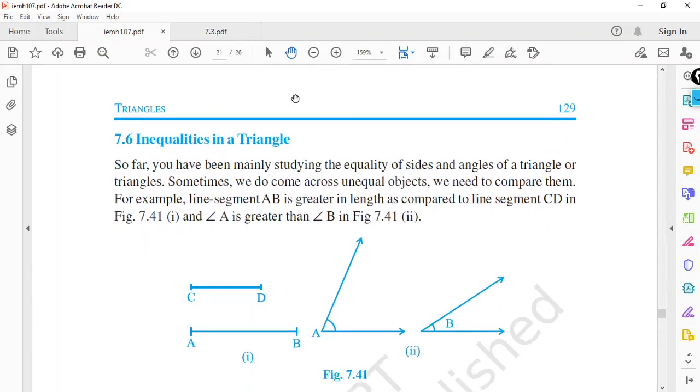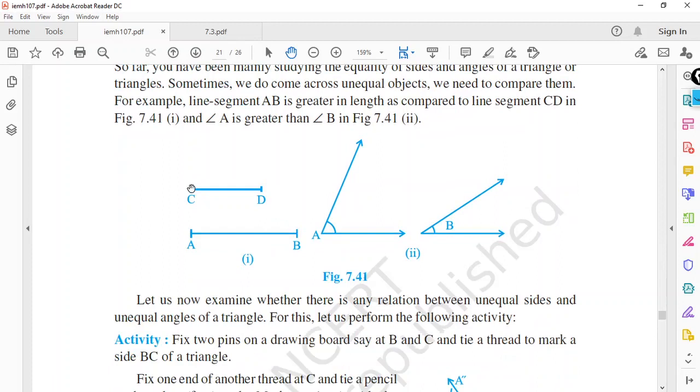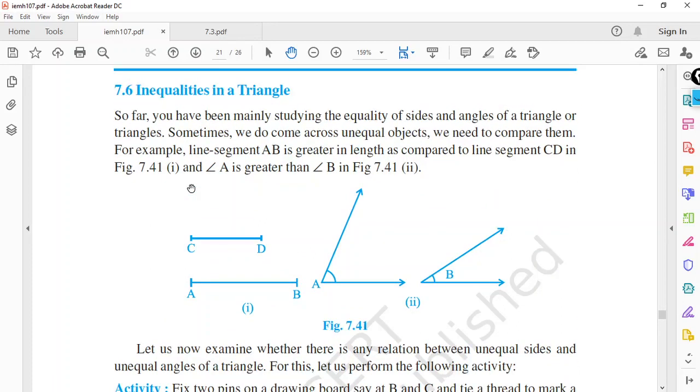CBSE has deleted this chapter, so we don't need to go through it. But I will recommend you to complete this exercise also, as you don't have much time. This time I'm not going to go through it, but if you have any doubt, please ask me. There will be no question coming from this section.